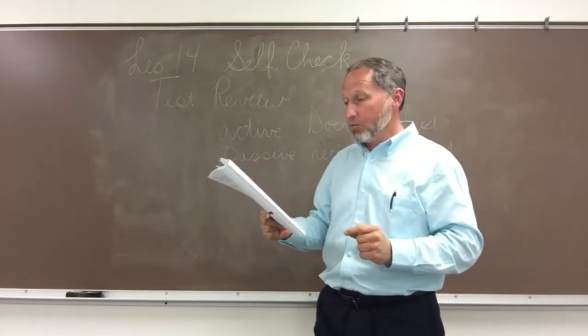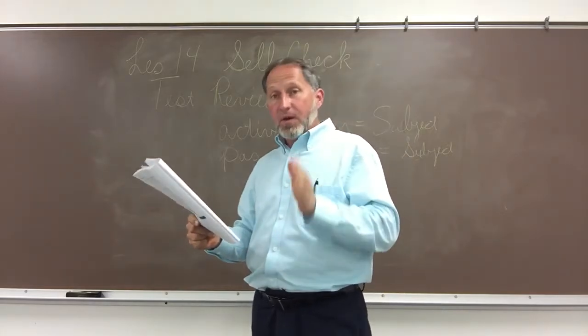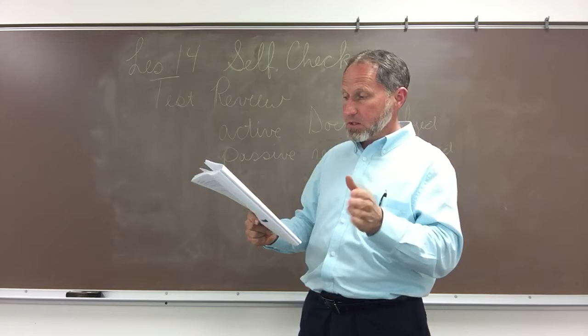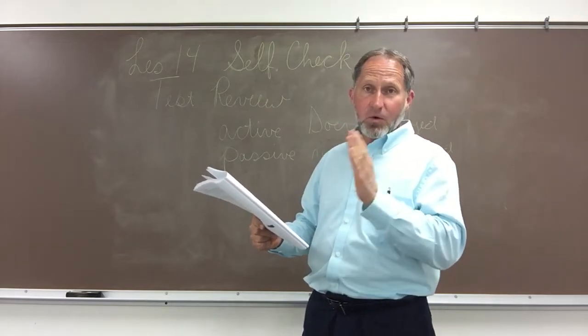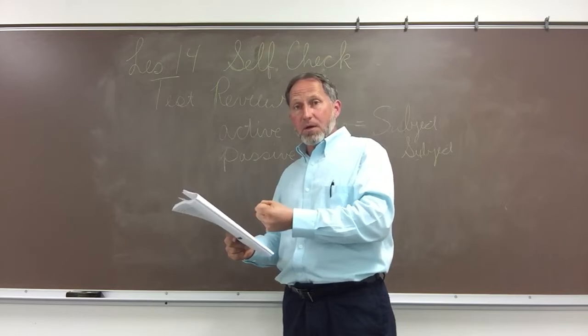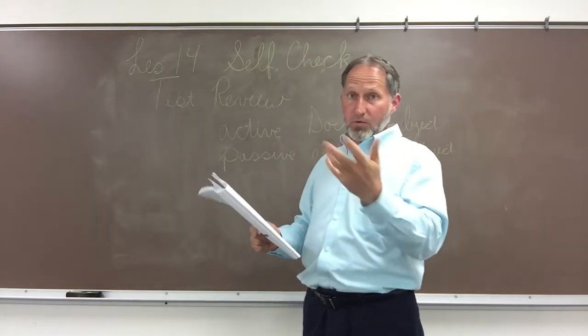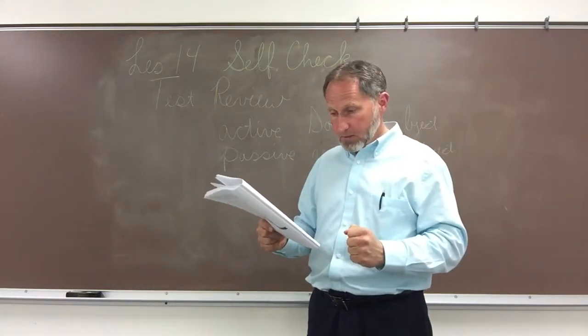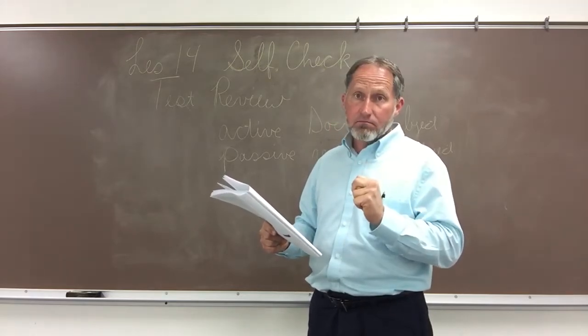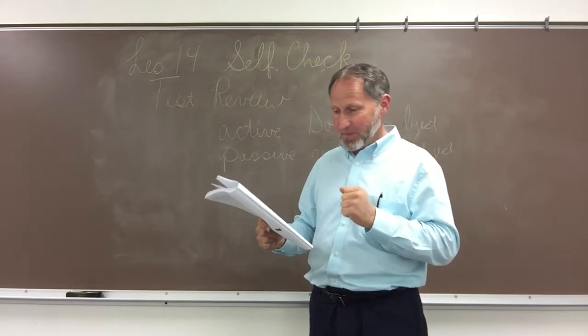So you have a direct object there. When you have a direct object, you may have an indirect object, but I don't see one. So the direct object is what is receiving the action behind the verb. The indirect object is to whom or for whom it's being done. And you do have an indirect object in number 11, which means you have a direct object too.